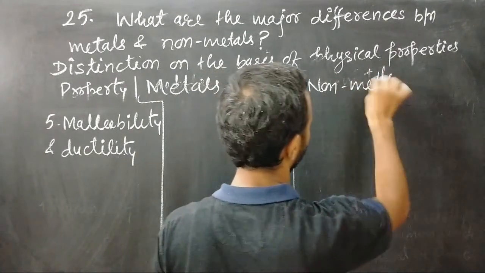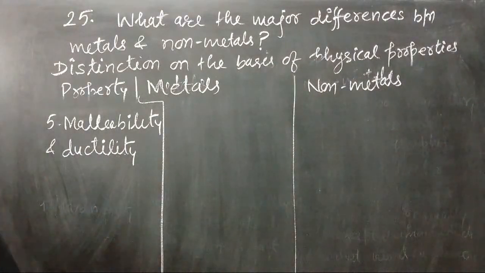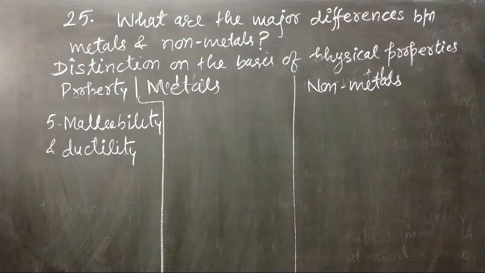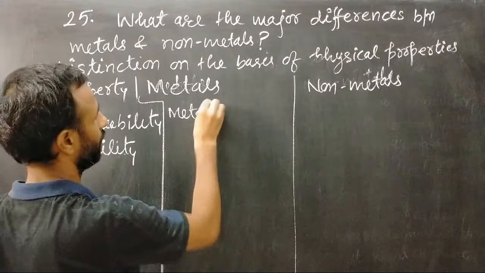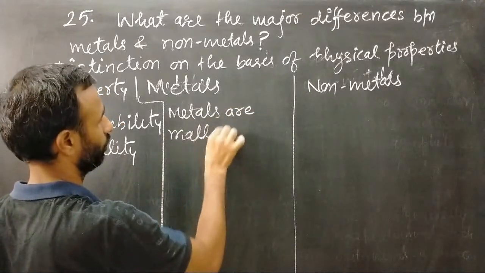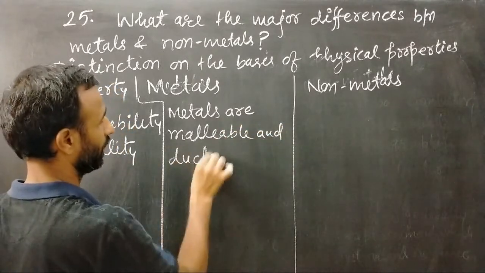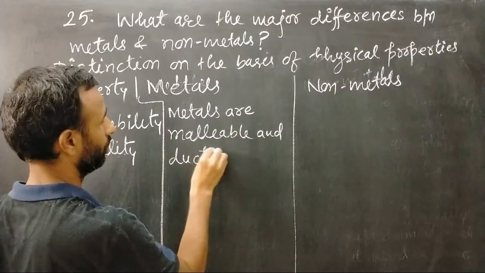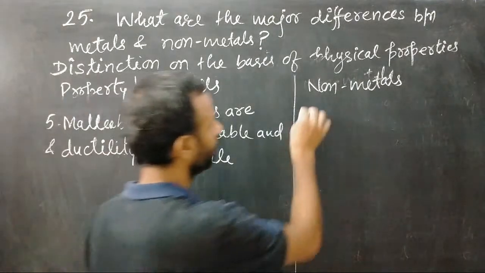Metals and non-metals. So tell me. Yes, metals are malleable and ductile. Non-metals are not malleable and ductile. Metals are malleable and ductile, means they can be beaten into sheets, can be drawn into wires.